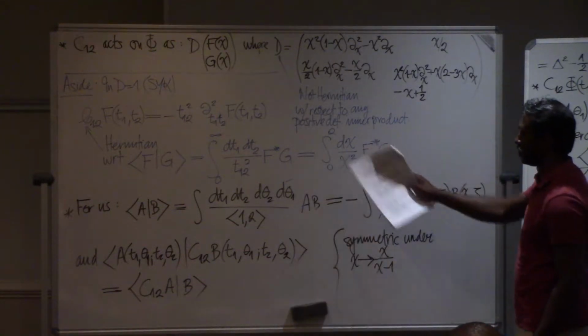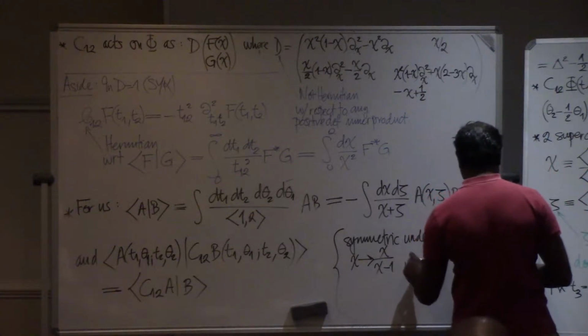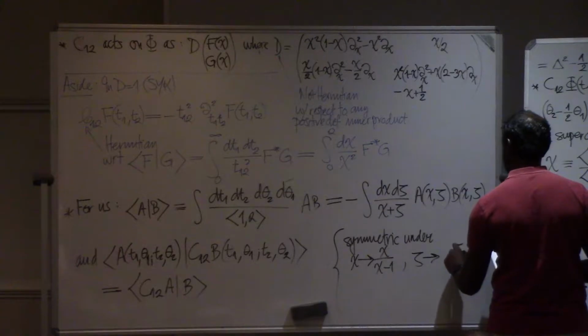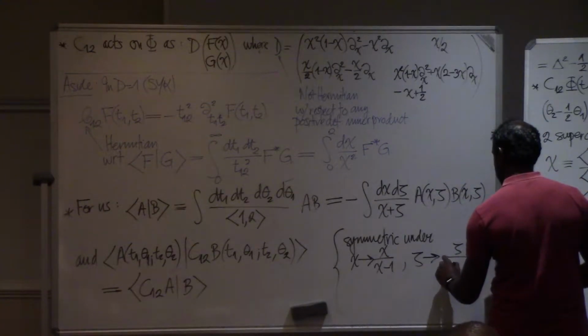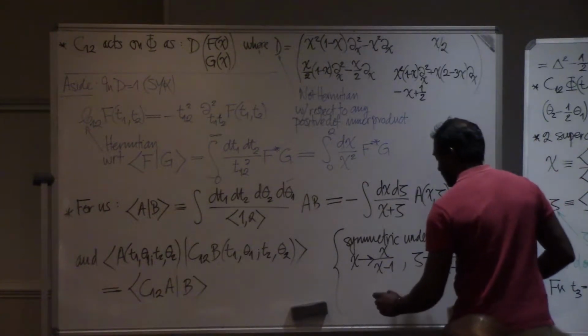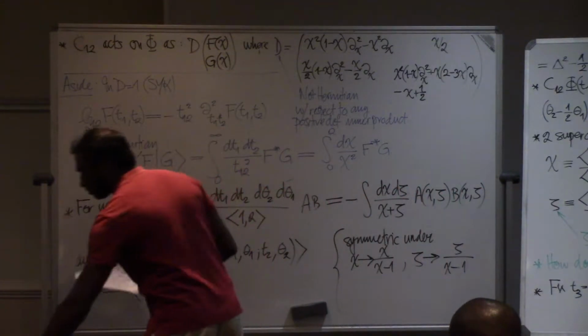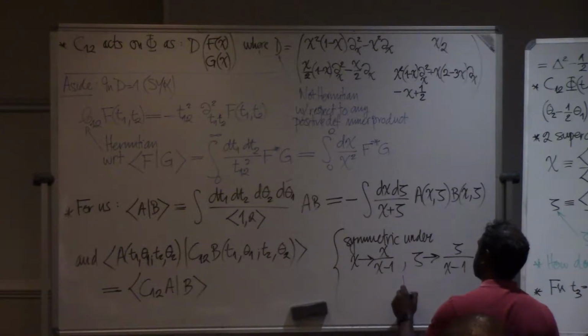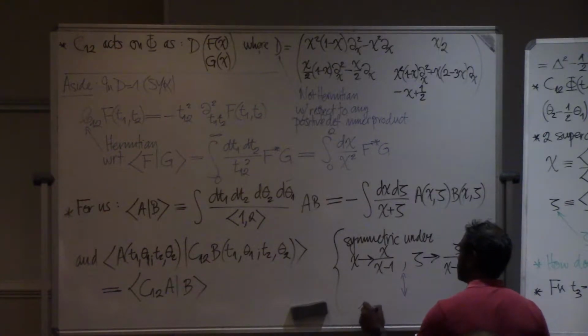This was the same as we saw with the SYK model. And zeta going to zeta over chi minus 1. And this is the statement that the theory ought to be symmetric if you exchange particles 1 and 2.